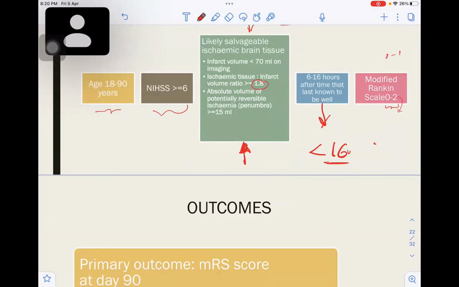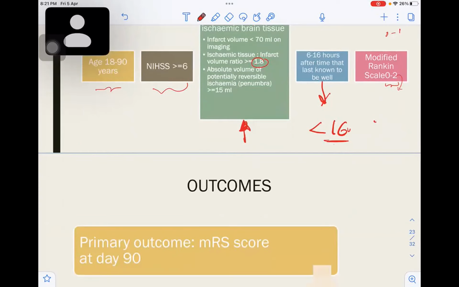That means the penumbra to umbra ratio that they have calculated is more than or equal to 1.8, and the absolute volume of potentially reversible ischemia, that is the penumbra, is more than or equal to 15 ml. So if the infarct volume is less than 70 ml and the penumbra to umbra ratio is more than or equal to 1.8, or the penumbra is more than or equal to 15 ml, they included all these patients in this study.